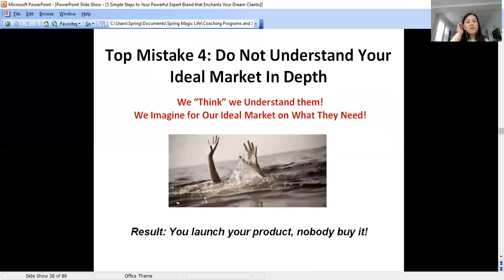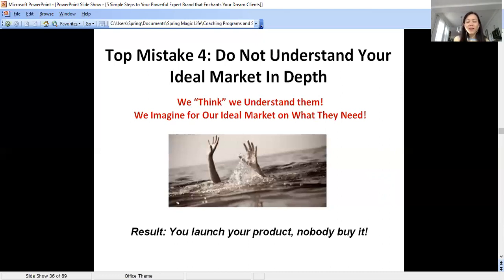Now it's the top mistake 4. Do not understand your ideal market in depth. We all are great thinkers and imaginers. Most of the time we think we understand our market. We imagine for them our ideal market and what they need, right? Especially in my beginning years, I think we are good entrepreneurs.